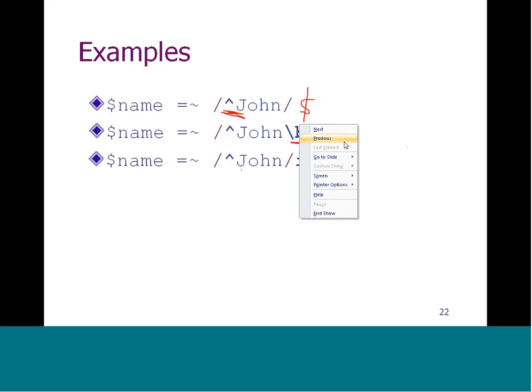So this will match either lowercase john like this, or J and then uppercase O H N, whichever one. If the case doesn't matter, it just matches this set of characters. It doesn't have to be either uppercase or lowercase.